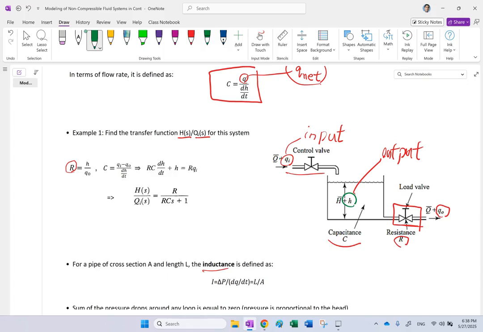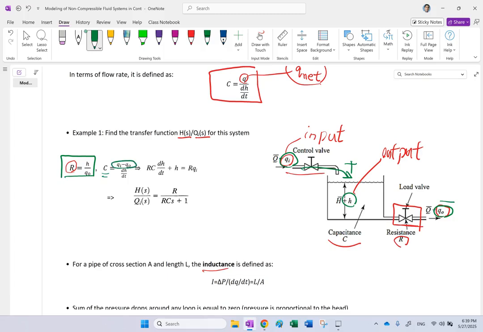So the change in the height is H, and the change in the flow rate coming out of the valve is Q naught. So H over Q naught is going to be R of the valve. What about C? Remember, C is the Q net. In this case, Qi is going in, so it's positive. Qo is going out, so it's negative. So the total net flow rate is Qi minus Qo.